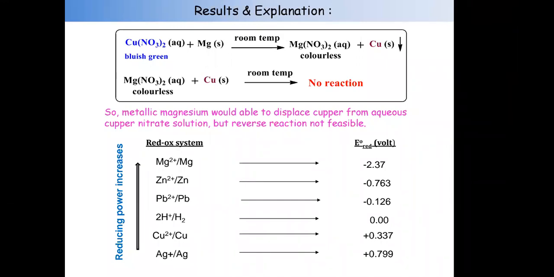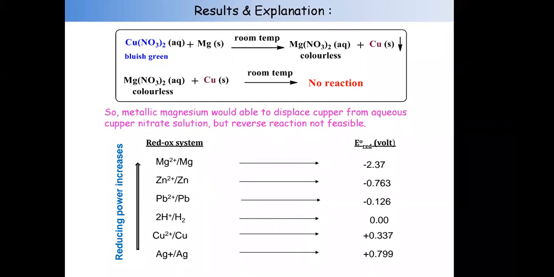In the second reaction, copper is not such a strong reducing agent according to its electrochemical series value. You see the position of copper in this series. Copper is in the lower position, below magnesium, zinc, lead, even hydrogen.